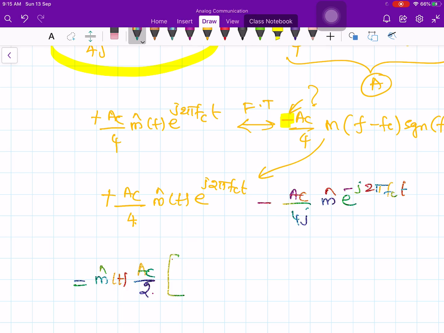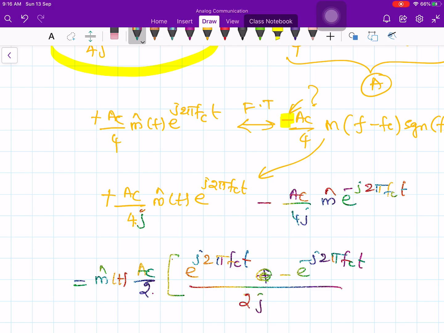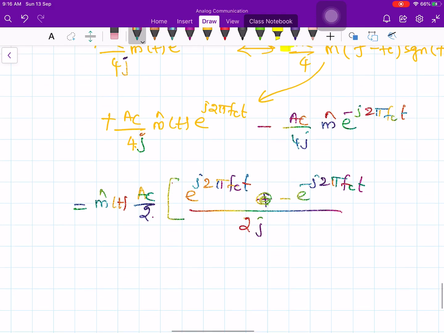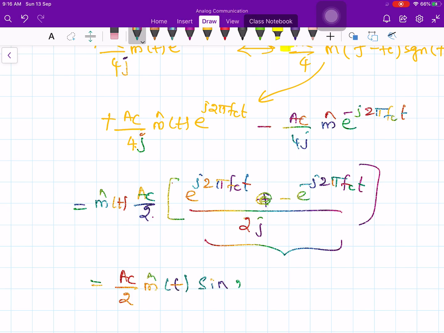Then within the bracket, e to the j 2 pi fct, sorry, minus e to the minus j 2 pi fct, whole divided by 2j. And this is sin 2 pi fct. Therefore, A c by 2 m cap of t sin 2 pi fct.